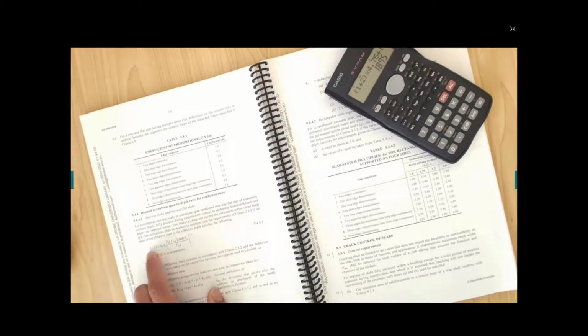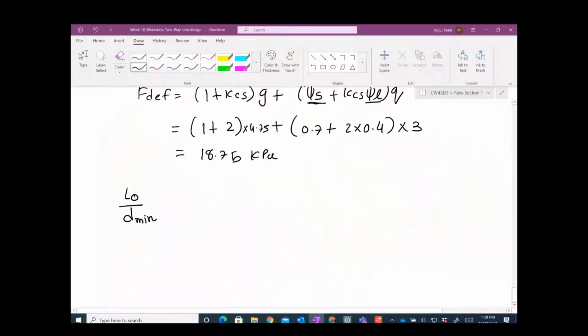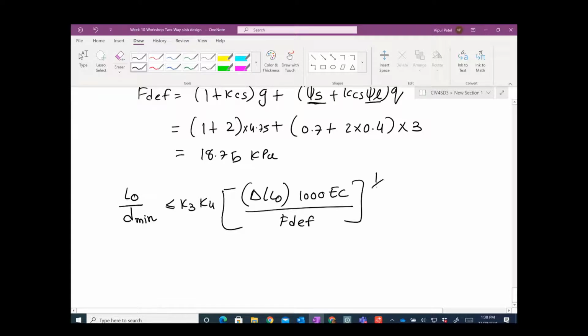Don't get confused, I also mentioned how you calculate L effective, so if you take L0 it's still not an issue. K3, K4, I'm just changing to delta over L0 equals 1000 E C over FD effective to the power 1/3.